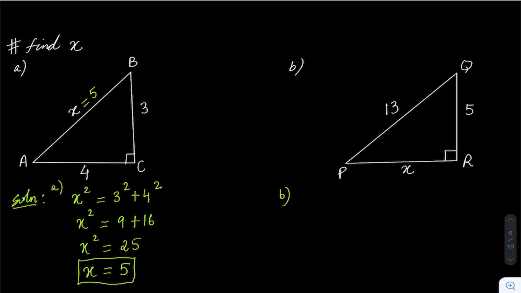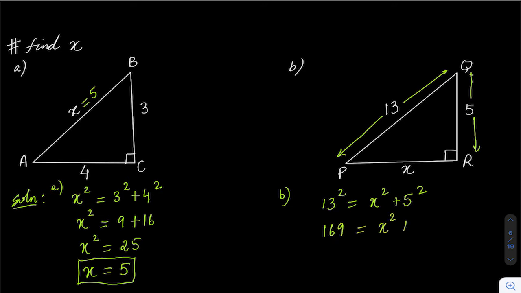In the B part, we have the longest side 13 and a shorter side that is 5. We need to find the other shorter side, that is x. Let's apply the same Pythagoras theorem. 13 square will be equal to x square plus 5 square. 13 square is 169 and 5 square is 25, so 169 minus 25 equals x square.